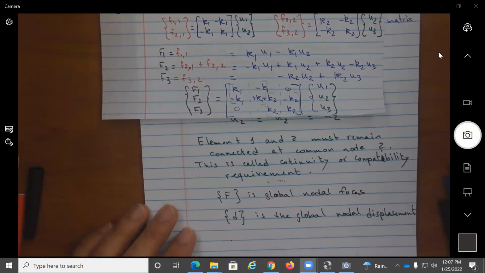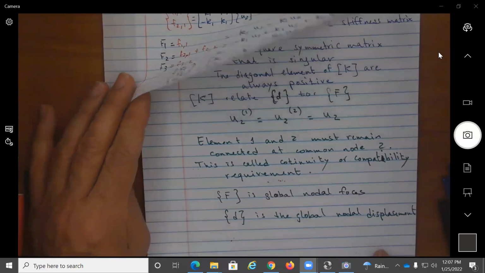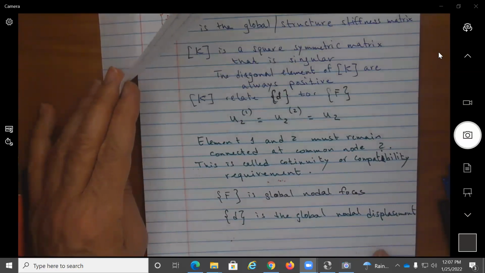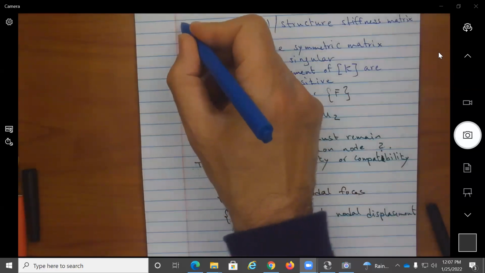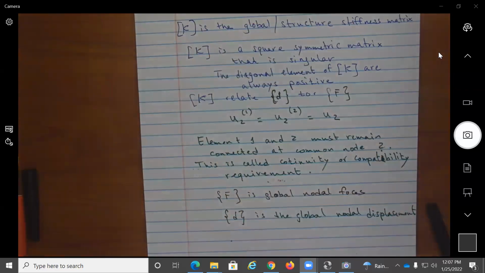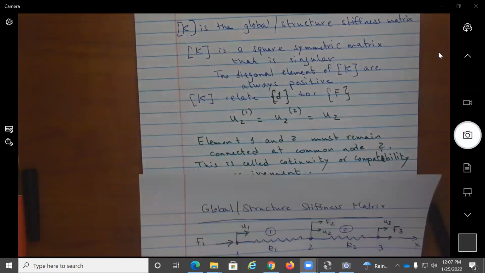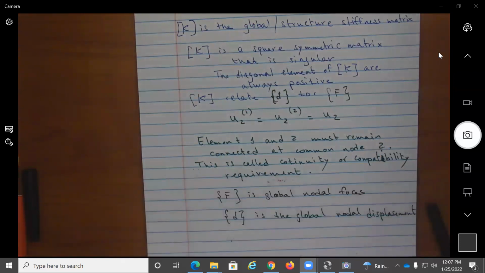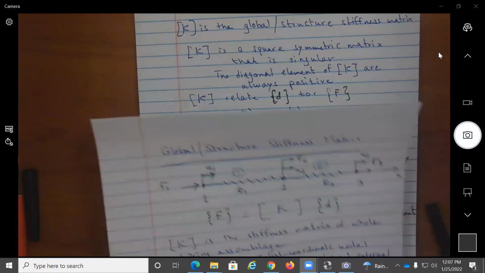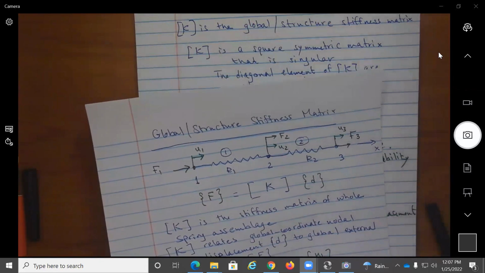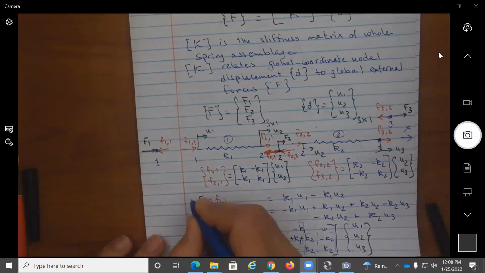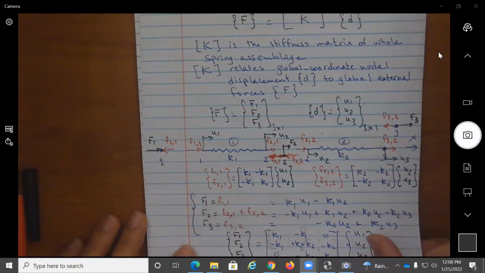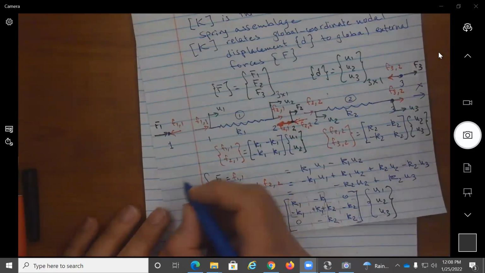And K is the total or global or system stiffness matrix. We can refer to these sets of equations as the equilibrium nodal equations.